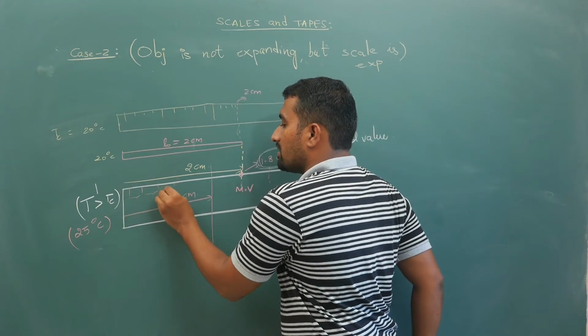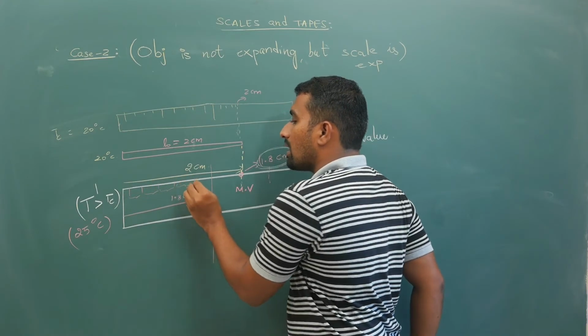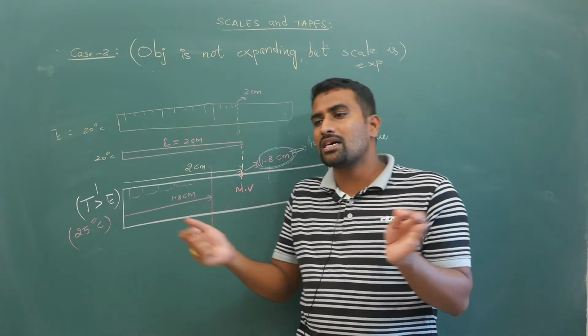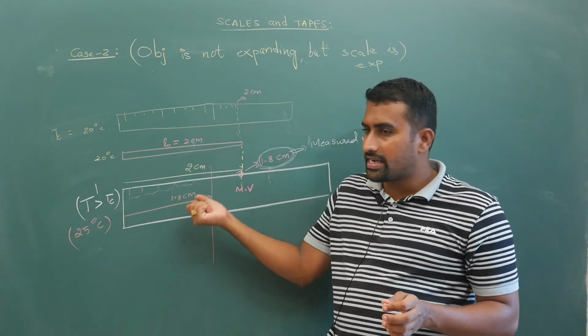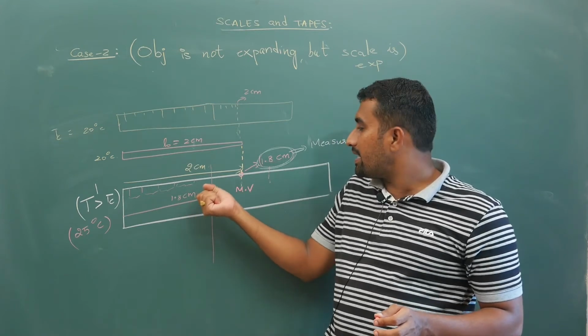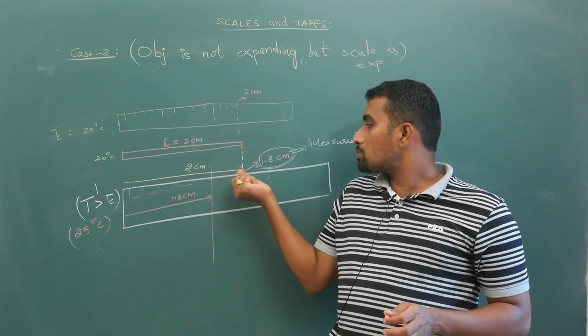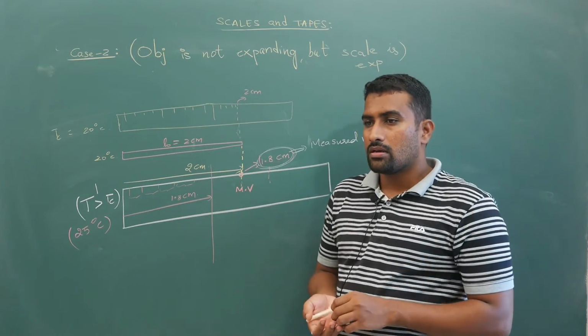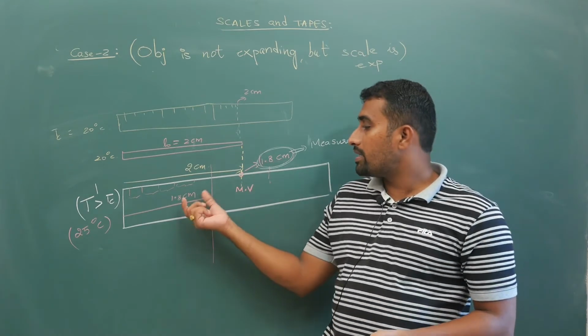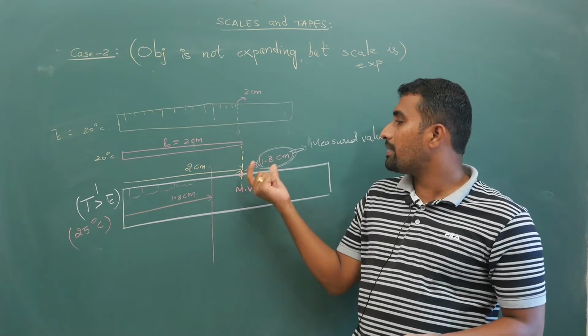Because the gaps are actually increasing, where your 1.8 is there, that 1.8 will shift to this point and it is becoming 2. Getting my point? So your 1.8 is expanding and becoming 2.